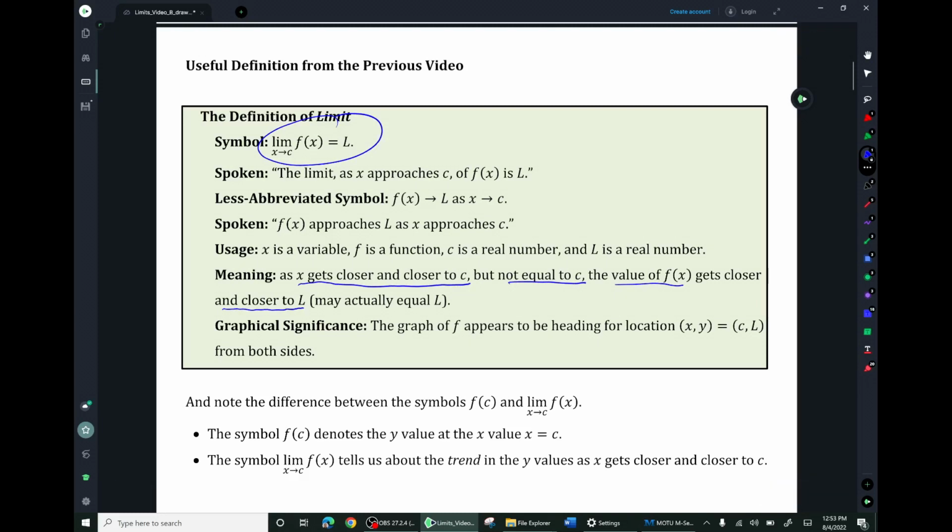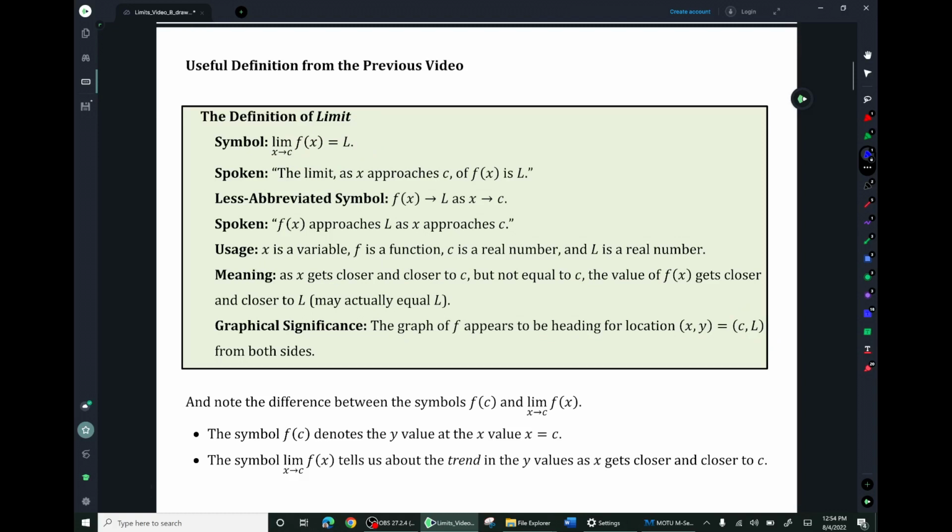And what that means in terms of the graph of the function is that the graph of f appears to be heading for the location with xy coordinates c, L. So whatever the number c is that's sitting here, and the number L that's sitting here, those are the xy coordinates of a location on the graph that the function appears to be heading for.